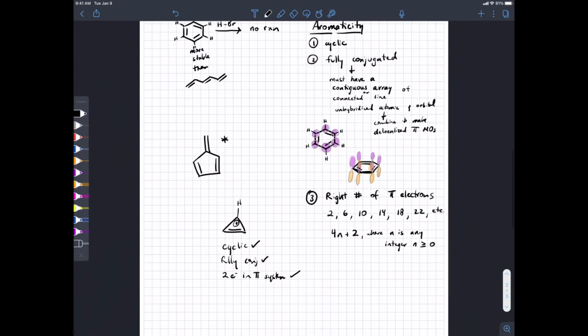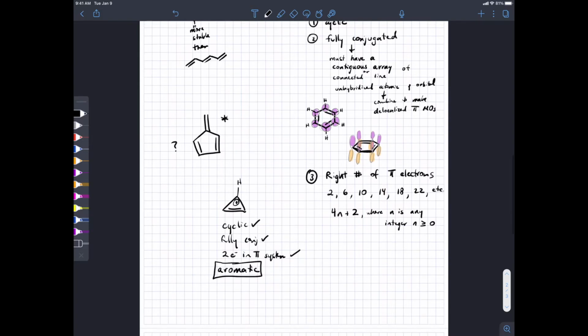Now we're going to see that there are molecules that are cyclic and fully conjugated, but do not have the right number of pi electrons. So we'll call this cyclopropene cation aromatic. We're still coming back here.